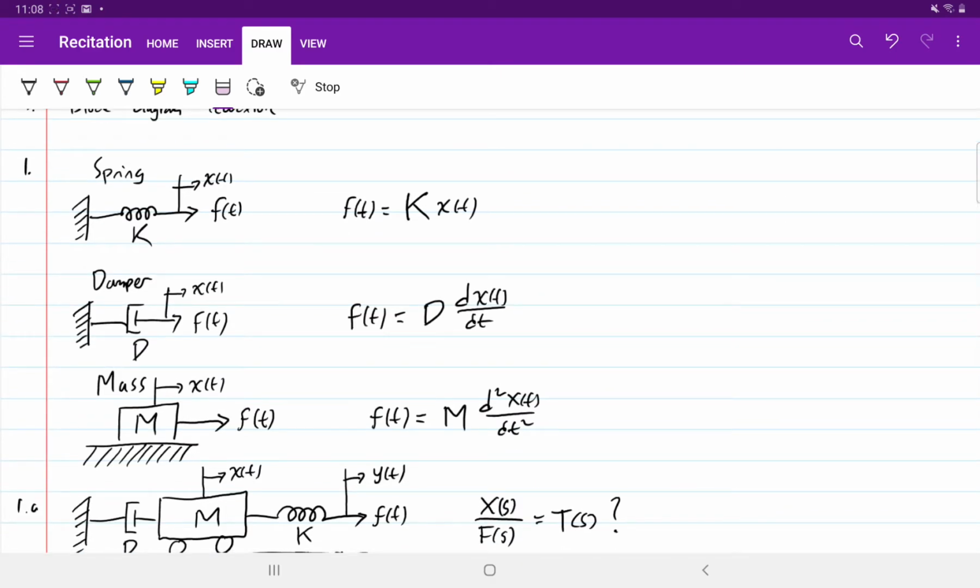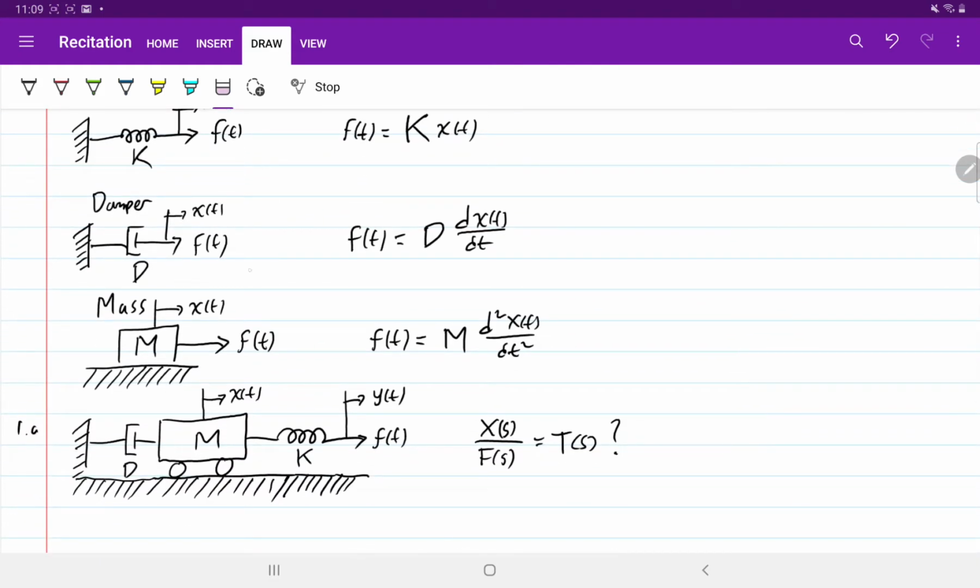For spring, suppose you have a spring with spring constant K. Then if you are pulling the spring to the right with force F, then the spring will give a reaction with force equal to Kx, where x is the displacement that is occurring on the spring, because this thing is connected to a wall. So let's say this is a wall and the wall is stationary, then the displacement is just simply x.